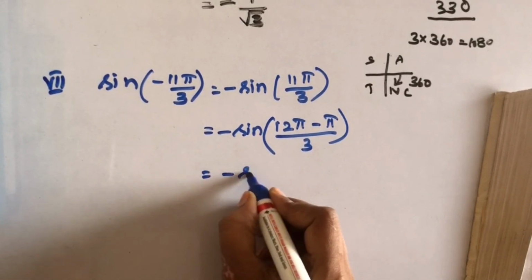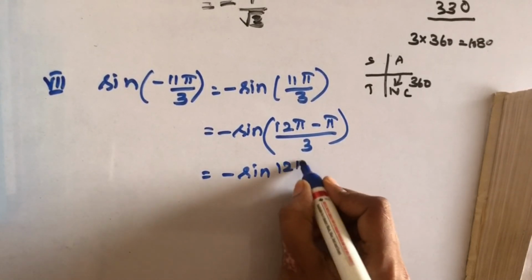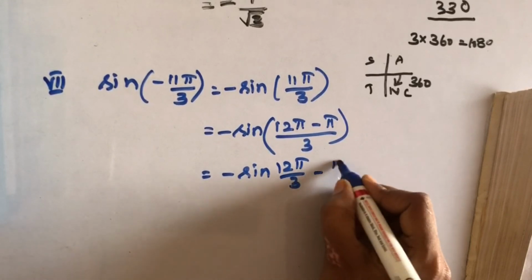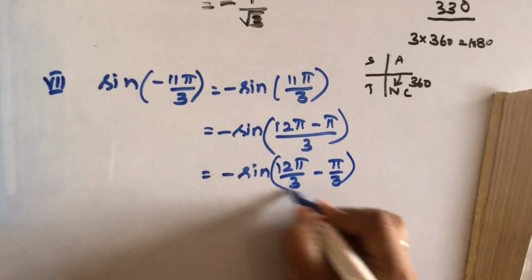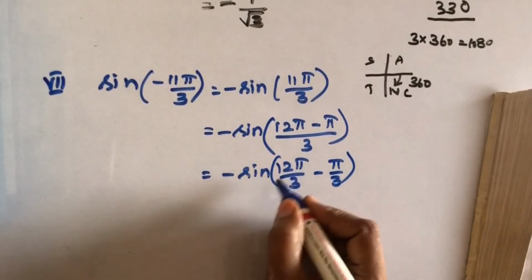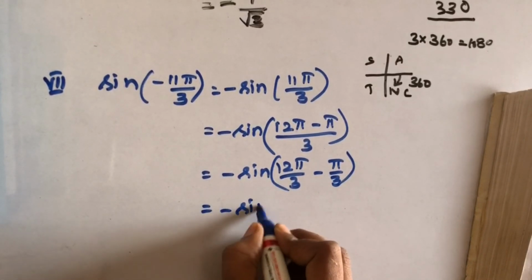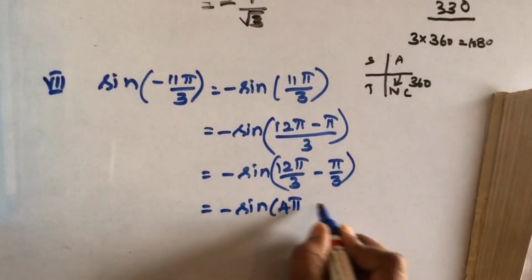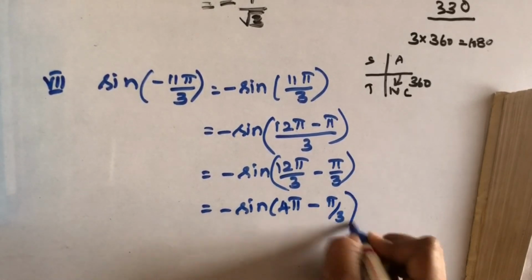That is equal to minus sine of 12 pi by 3 minus pi by 3. Okay. So, 12 pi by 3 means it is 4 pi, so minus sine of 4 pi minus pi by 3.